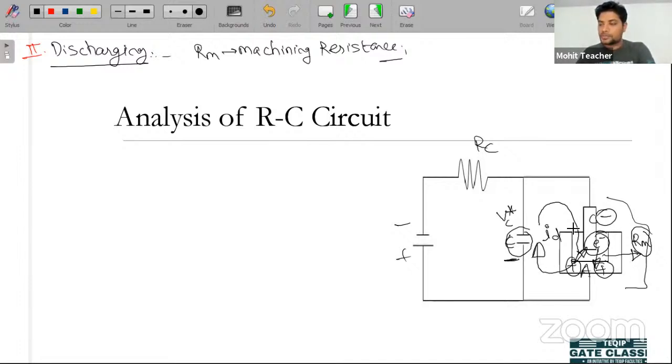Fine, only two terms. First is ID, that is the discharging current. Now this discharging current can be given by two things.